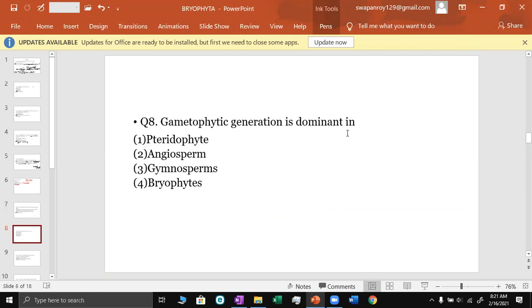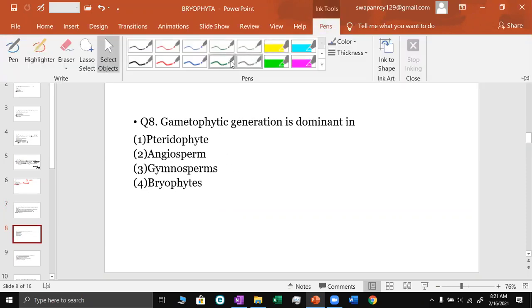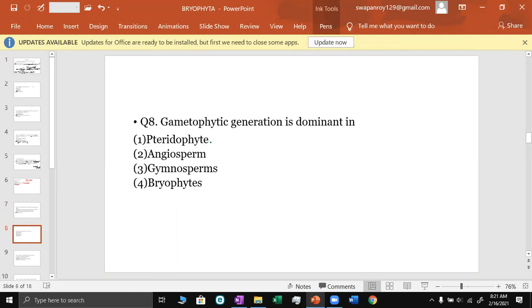Gametophytic generation is dominant in which? Option 4. Pteridophyte, angiosperm, gymnosperm, bryophyte. Gametophytic is dominant in bryophyte. In pteridophyte it is sporophyte.